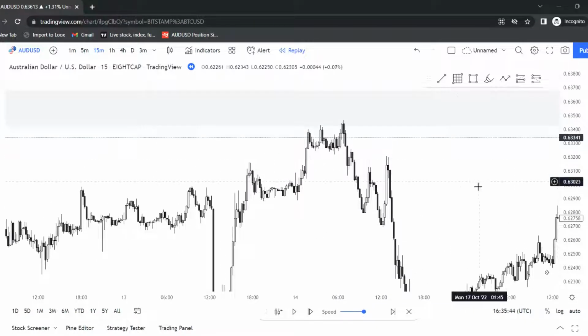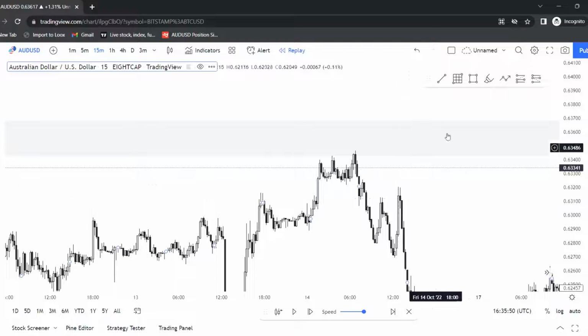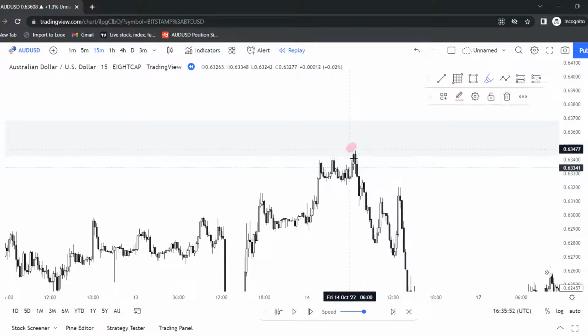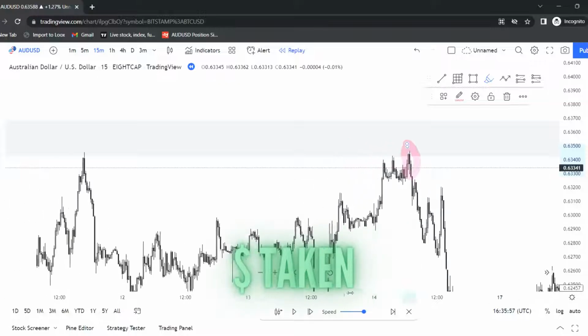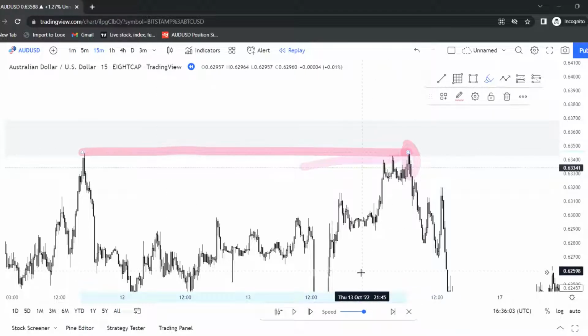Now if we focus on the last zone that came to this 4-hour demand zone, we can see that this candle over here took liquidity from all these areas over here, and it even went higher than this zone right over here.